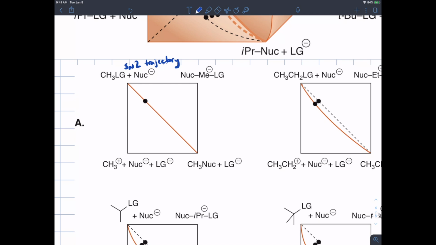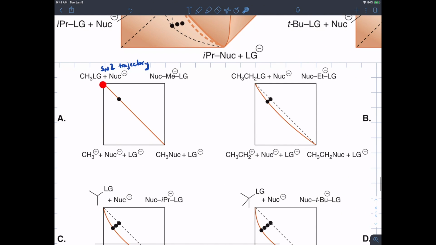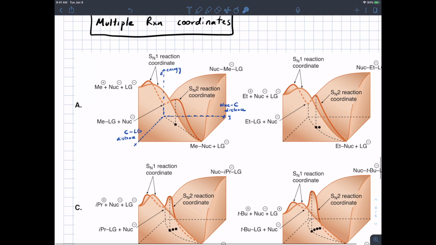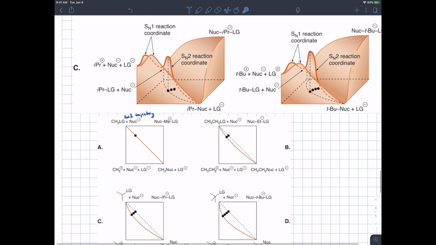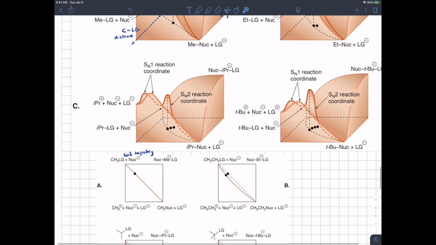The pathway in orange marks the pathway you would travel along this potential energy surface as the nucleophile comes in to about the same extent as the leaving group leaves, and the black dot marks the transition state. So that's a little simpler to see. It's like we're just looking down on this one from above. We're not attempting to plot the SN1 trajectory, though it would be this edge and then this edge.